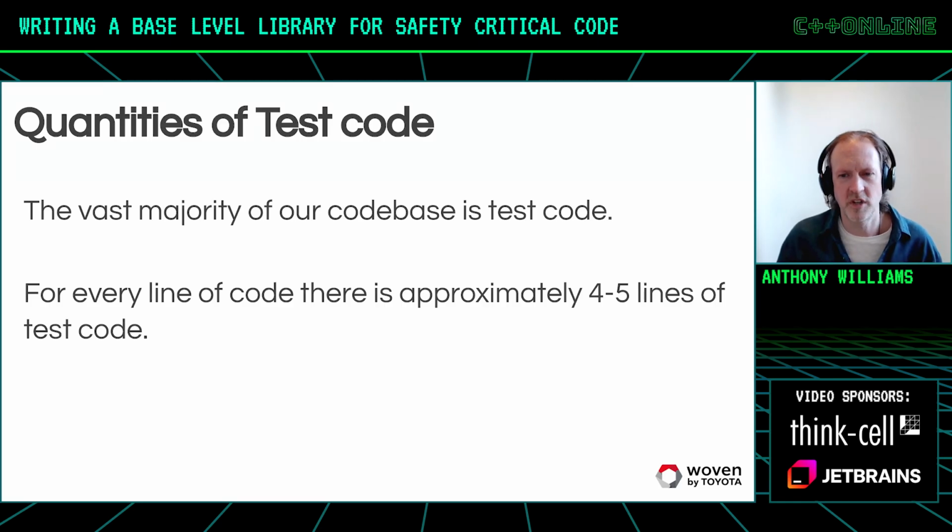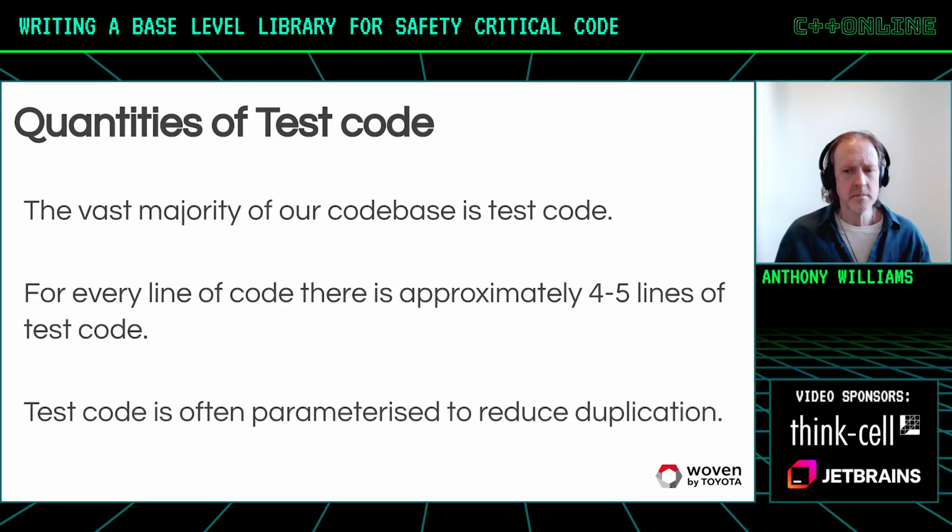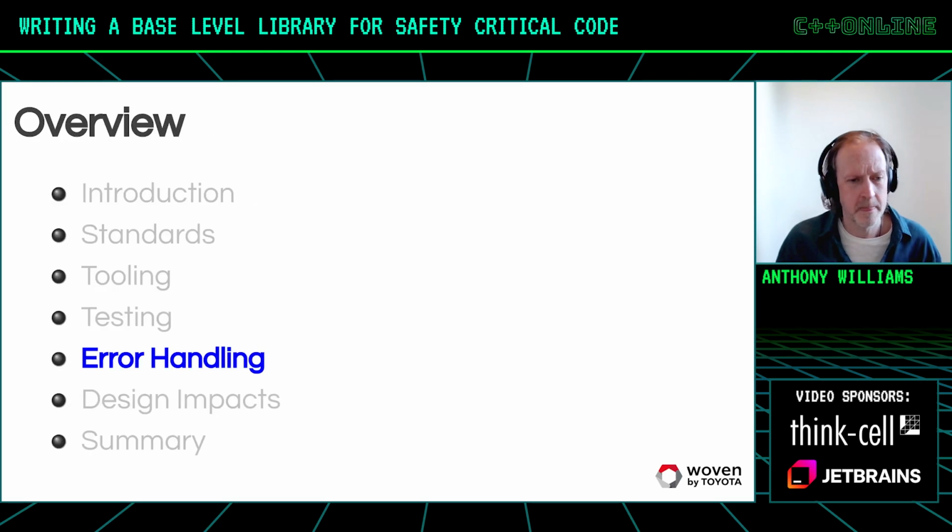So we do try to minimize our test code where possible, but it still ends up being 4 to 5 times larger than the actual code under test, even though it's often parameterized to reduce the duplication.